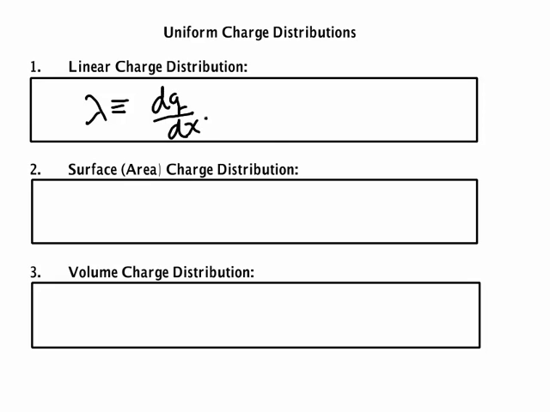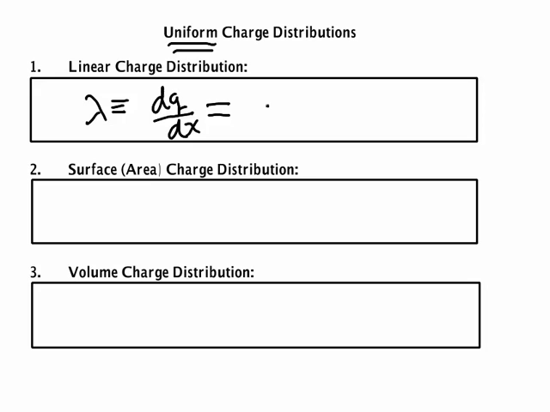In this case, I'll call that x. When we were talking about linear mass densities, this was dm/dx. Now we're talking not about mass but charge, so it's dq/dx. If it's uniform, what that means is that it's constant. So lambda doesn't vary. It's a constant.